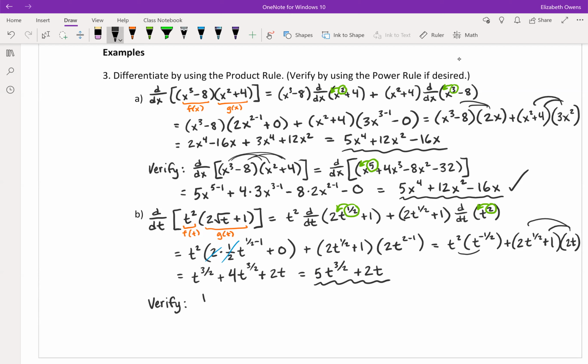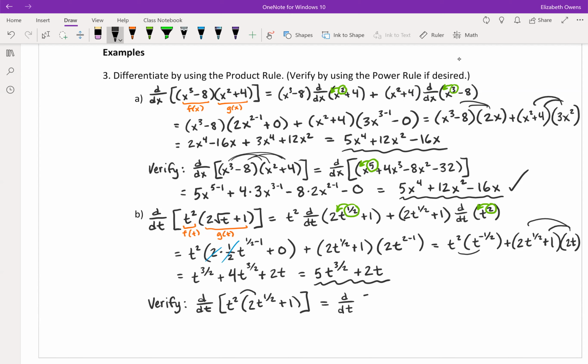Okay, so the derivative with respect to t of t squared to root t, instead of root t, I'm going to write t to the 1/2. We're going to need to do that anyway. So 2t to the 1/2 plus 1. Okay, that would be if we distribute out, let's make sure I get my distribution right this time.